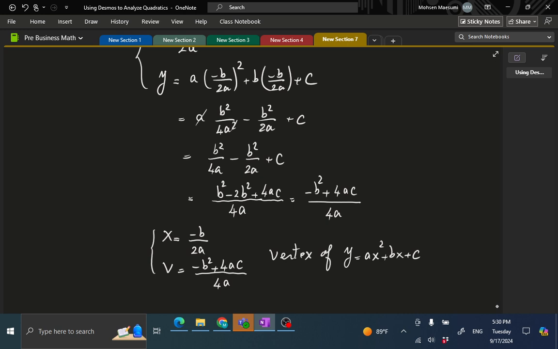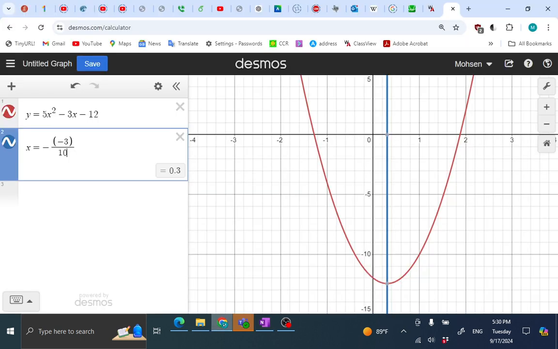Other than the vertex, there's another point that is very interesting about the parabola, which is called the focus point. Let me explain that parabolas are actually very common in life, in technology. In fact, on the roof of most houses they have, or they used to have, a satellite dish.